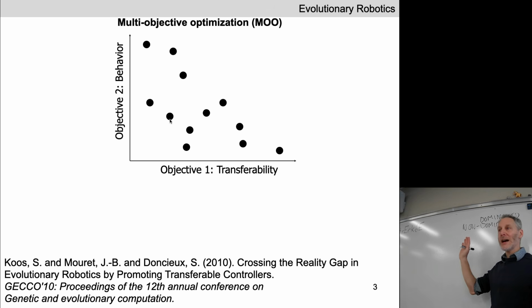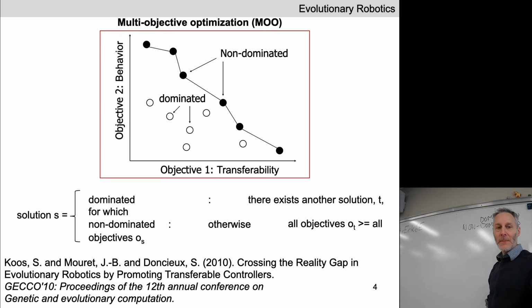So in this cartoon example, how many survived into the next generation? 7. 1, 2, 3, 4, 5, 6, 7. When I made this slide, I made a mistake. This one down here. I always leave this mistake in so that you can learn from my mistakes.